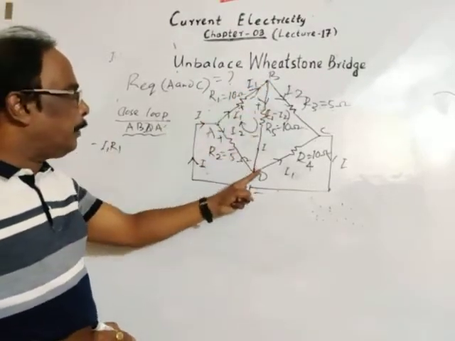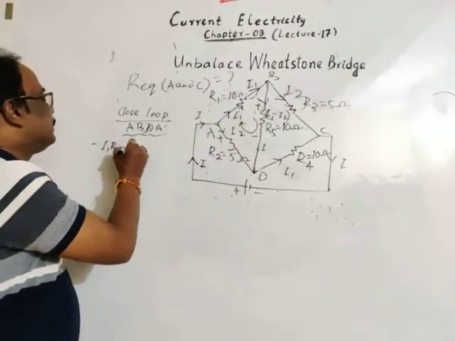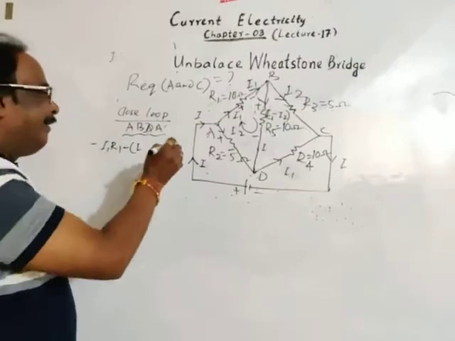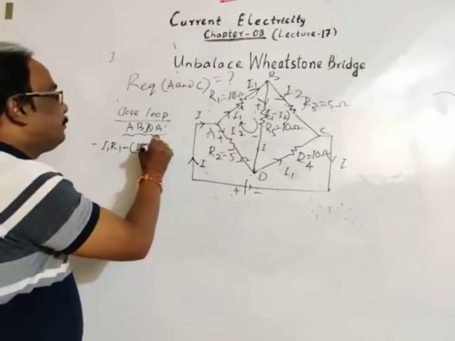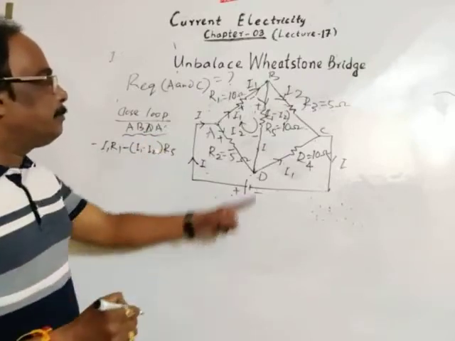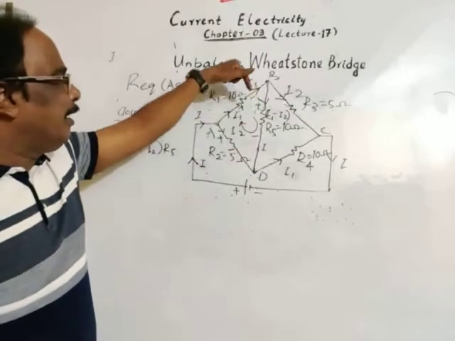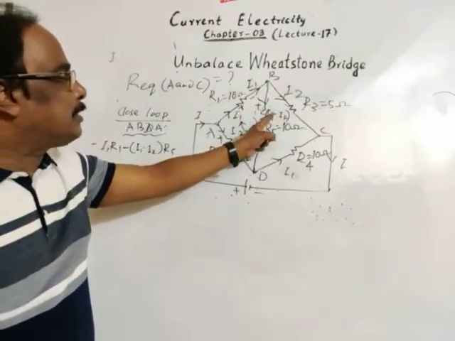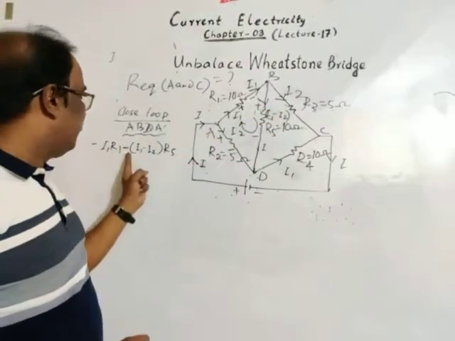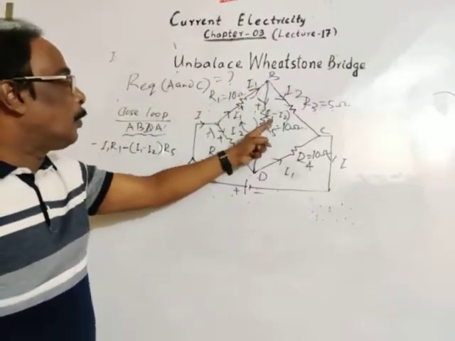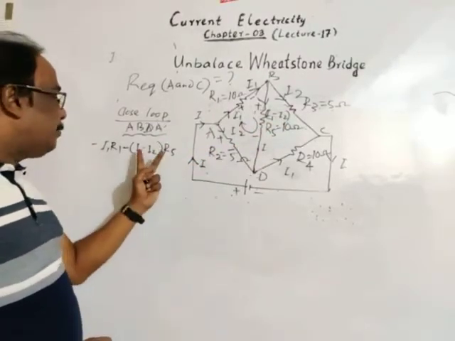Then from B to D, again from high potential to low potential, negative sign. IR, here I is I1 minus I2, resistance is R5. So minus I1 minus I2 into R5.